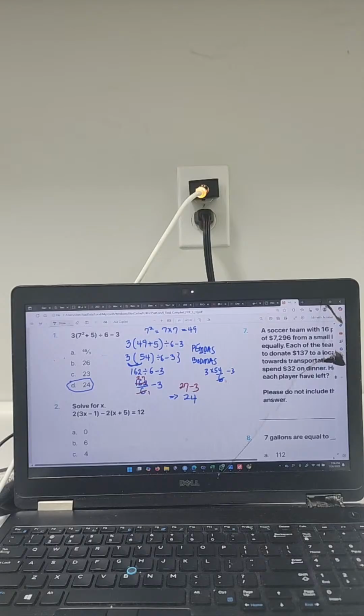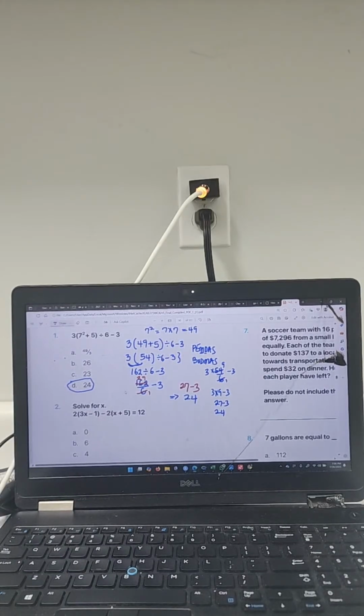Because 6 in 54 is 9, so you still have 3 times 9 minus 3, which is 27 minus 3, which is still 24. Either way, any method you decide to use, you're still going to get the same thing. So that is for the first one.